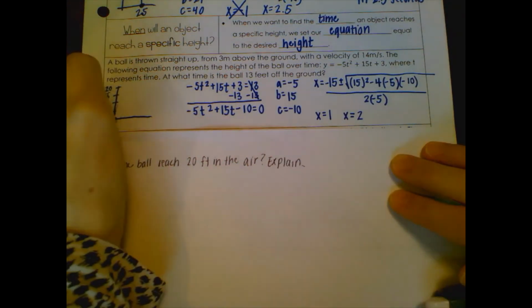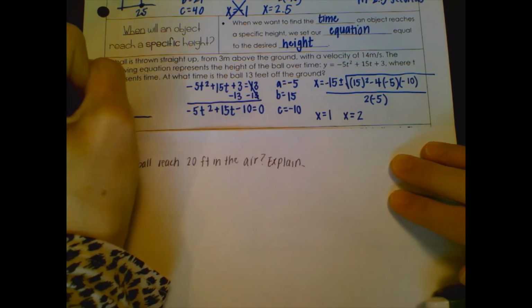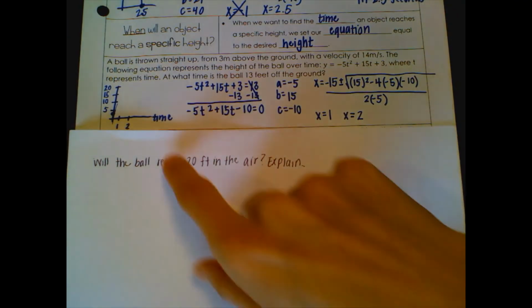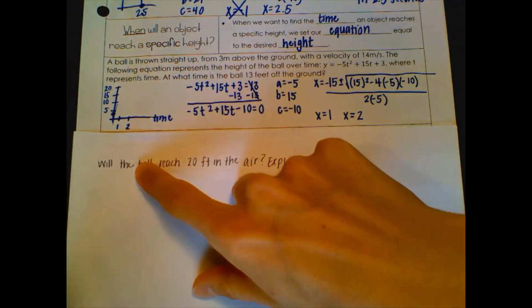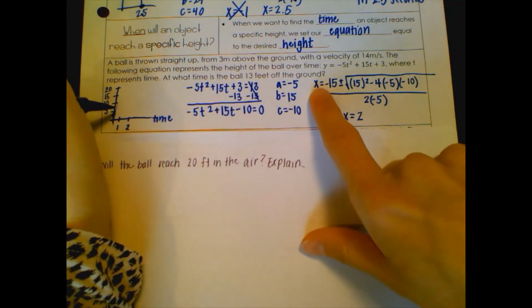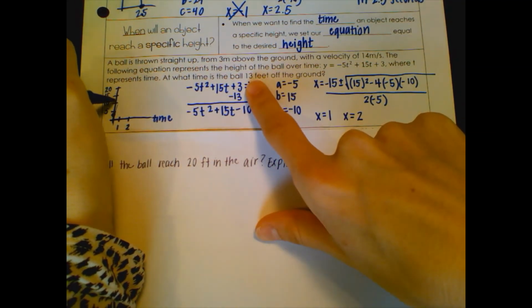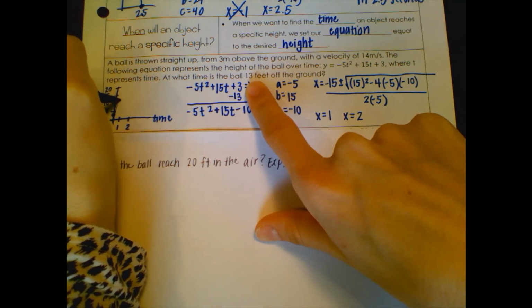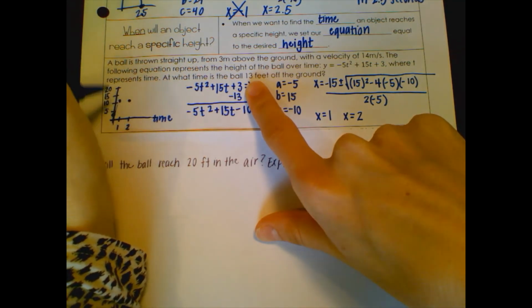So if you think of it on a graph, my time is on my x. How far off the ground is on my y? So it's saying it would reach 13 feet, which is about right here at 1 and at 2 seconds.